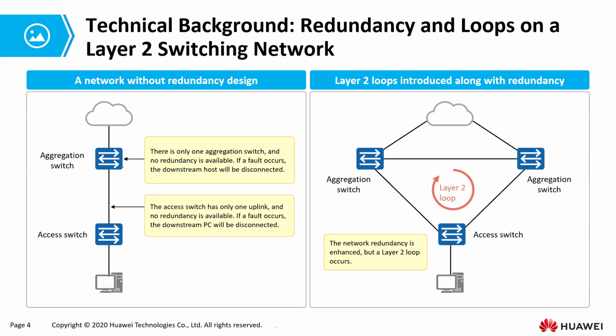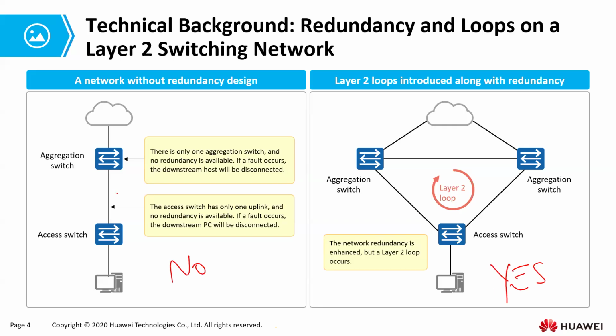Technical background: redundancy and loops on a layer 2 switching network. Here we have only one aggregation switch, no redundancy available. Right, here we have a typical example where on this end we have no redundancy. Here we have redundancy.